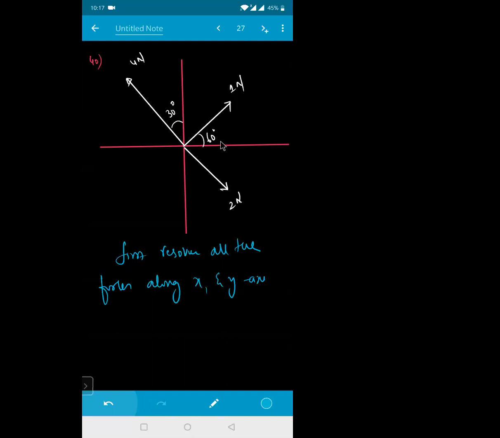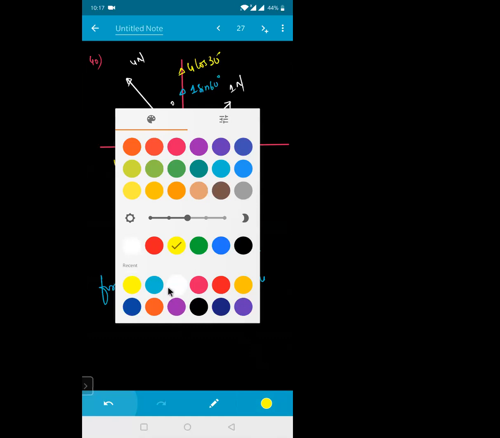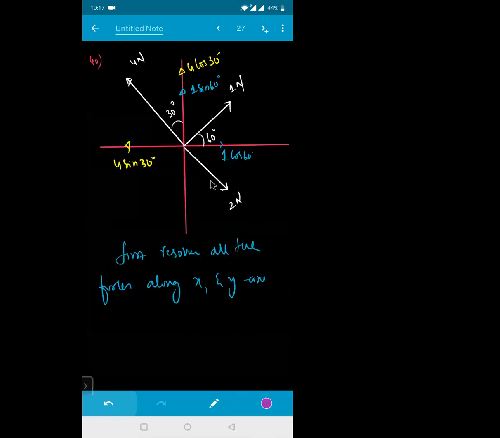Resolve this. So this will become 1 into cos 60 here, and if I resolve here, this one is 1 into sin 60. Is the step clear for everyone? Yes, sir. If I resolve this 4, here this will become 4 into cos 30, and here this will become 4 into sin 30. Now the other force, this 2, no angle is given, so what angle can I take for this one?